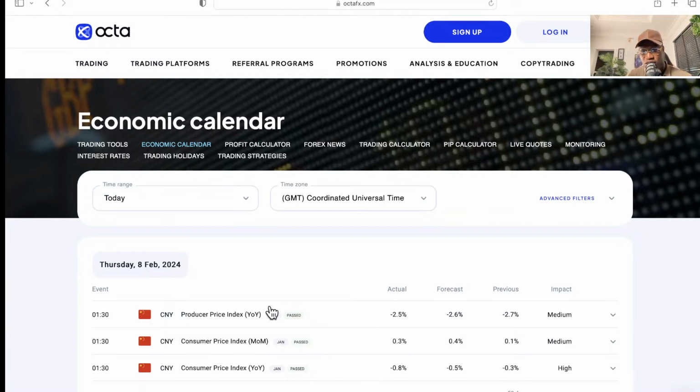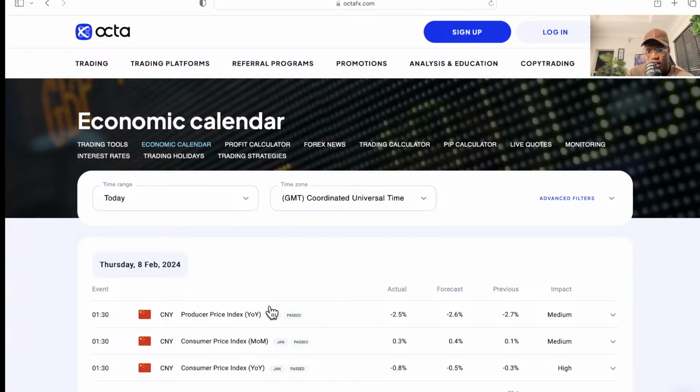So the index is calculated, they compile the index, and the result is released, right? They release the PPI data and it's released monthly by the BLS. And this is a report that is watched by economists, policymakers, businesses, investors. It basically serves as an indicator of inflation pressures in the economy.